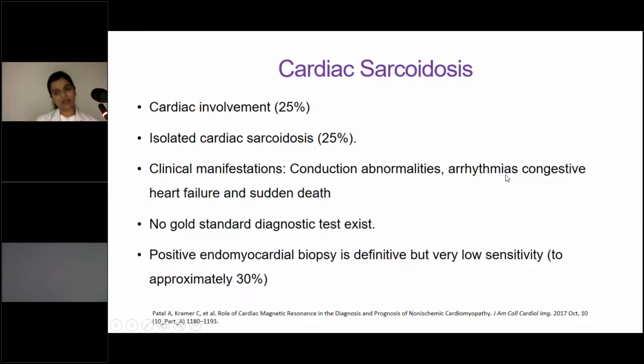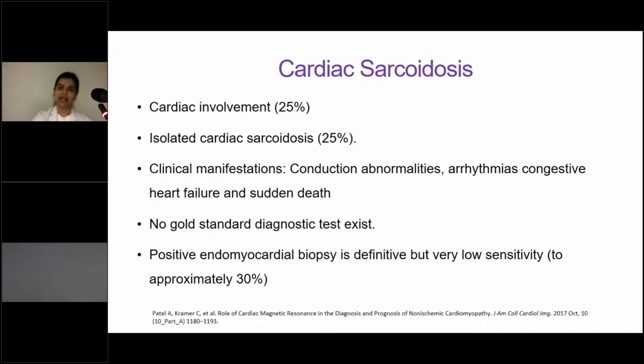With extensive involvement of the heart, congestive heart failure can also result. And in a small number of cases, sudden cardiac death can also occur in cases of cardiac sarcoidosis, which occurs most commonly because of conduction abnormalities and tachyarrhythmias.